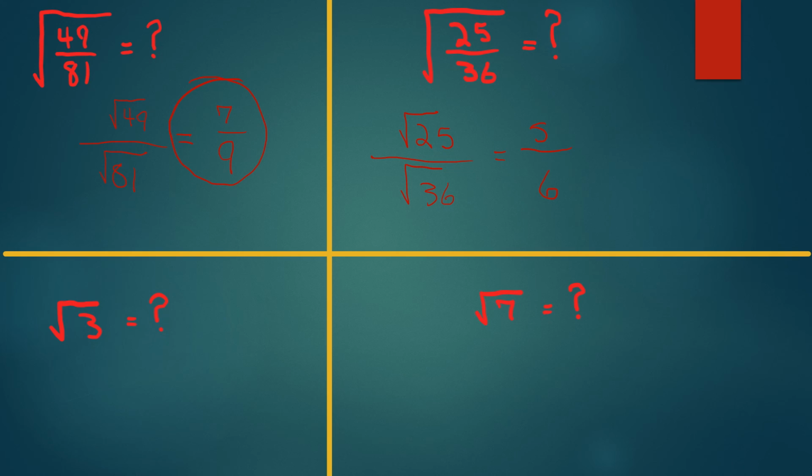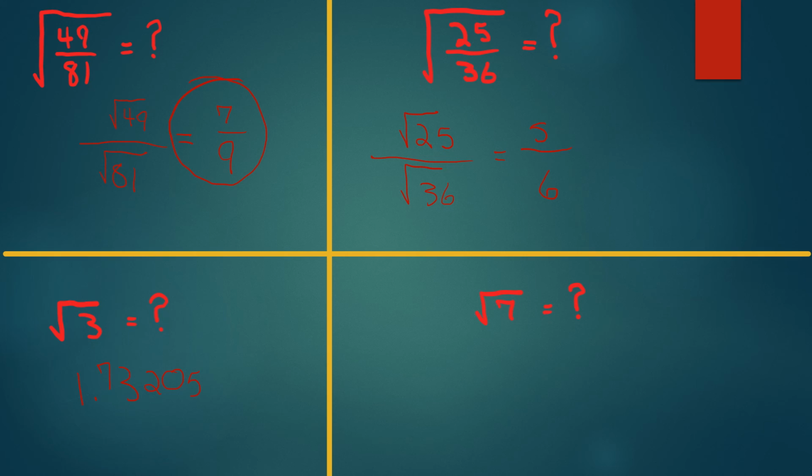So let me pull out my calculator. So square root 3 equals 1.732055.